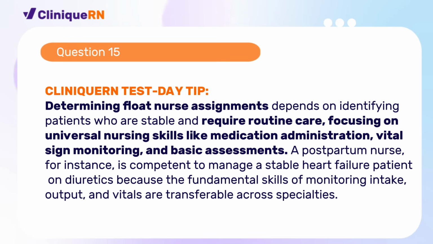Clinique RN Test Day Tip: determining float nurse assignments depends on identifying patients who are stable and require routine care, focusing on universal nursing skills like medication administration, vital sign monitoring, and basic assessments. A postpartum nurse, for instance, is competent to manage a stable heart failure patient on diuretics because the fundamental skills of monitoring intake, output, and vitals are transferable across specialties.